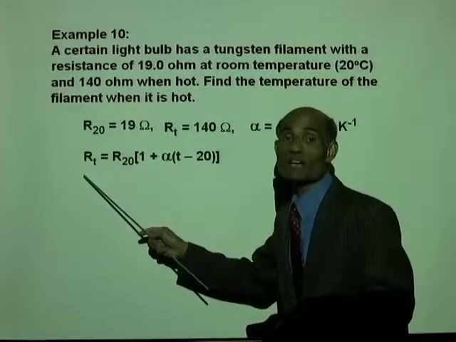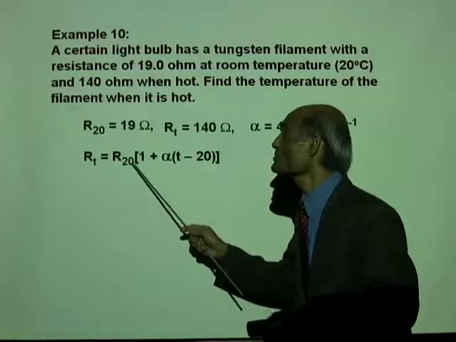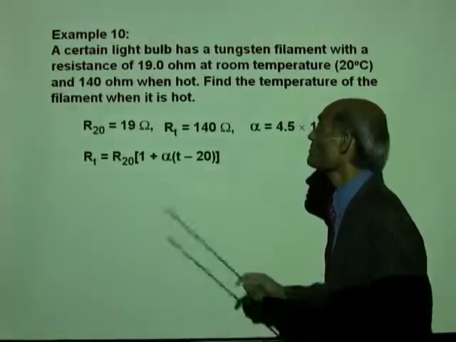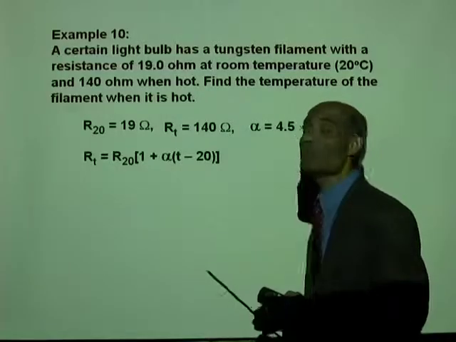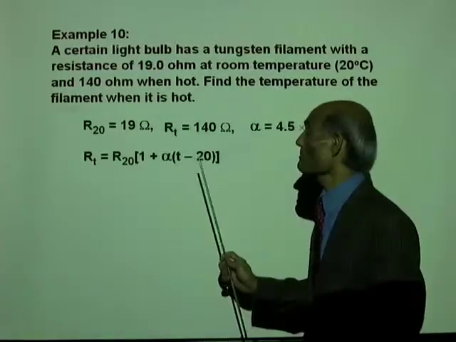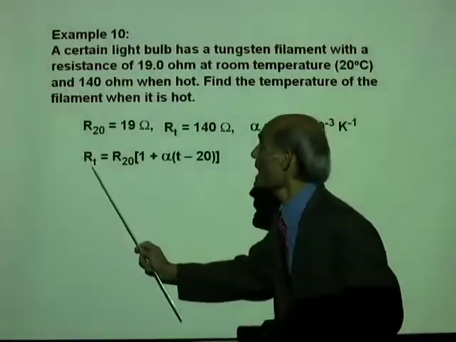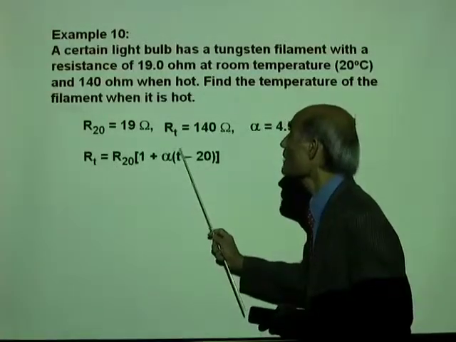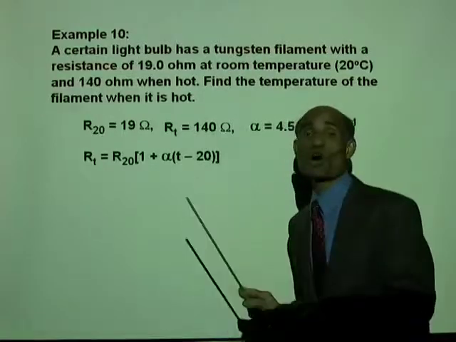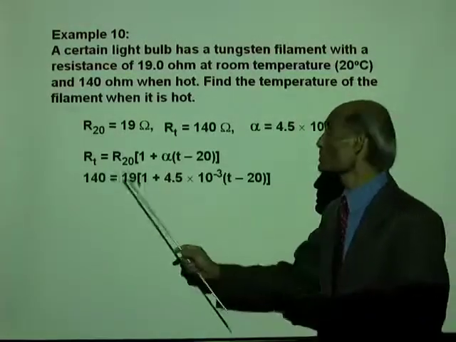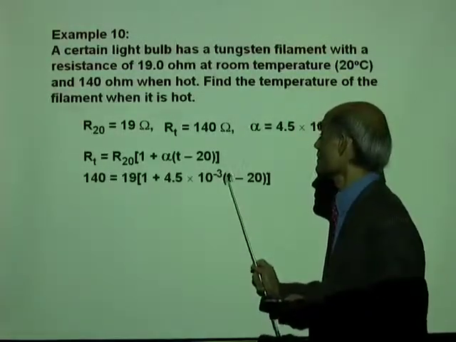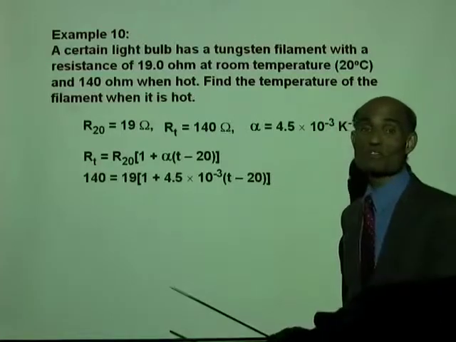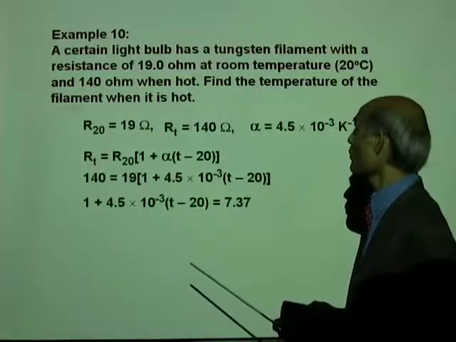Now we have RT equal to R20 times 1 plus alpha times T minus 20. Now we know RT, we know R20, we know alpha, therefore we can solve for T. Using all those values, can you simplify this equation and solve for T?